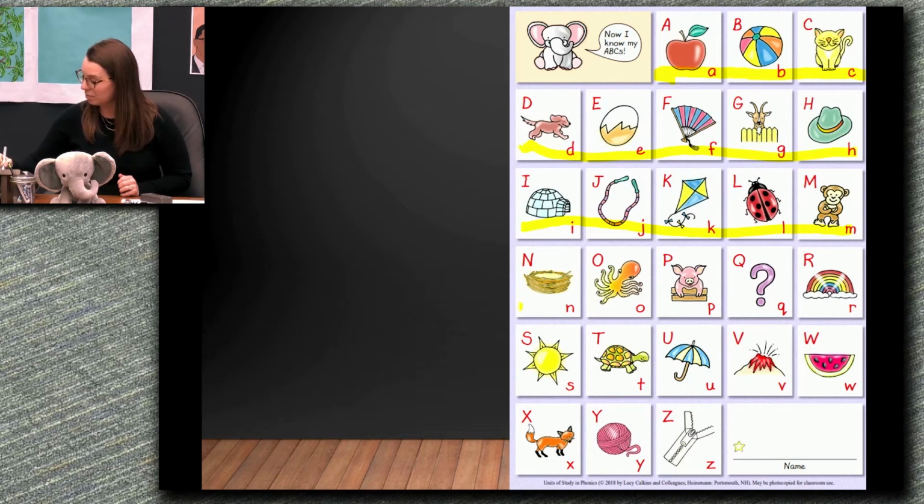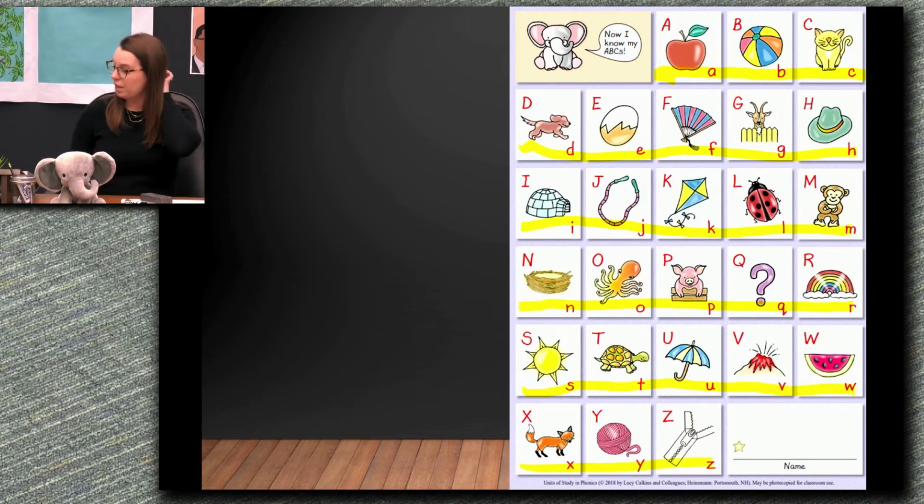Then we'll return sweep down to N. See the pattern? Just like when we read or do math equations, we do left to right with a return sweep.